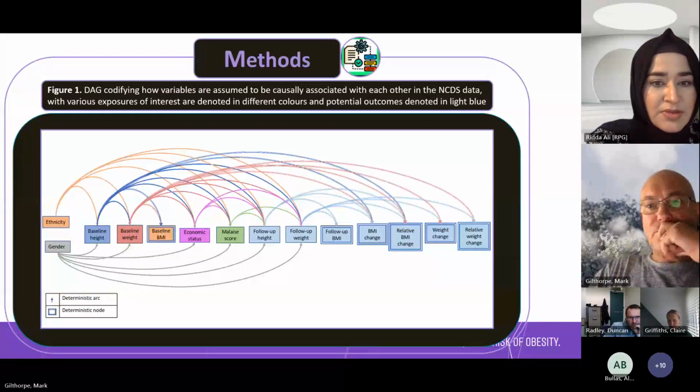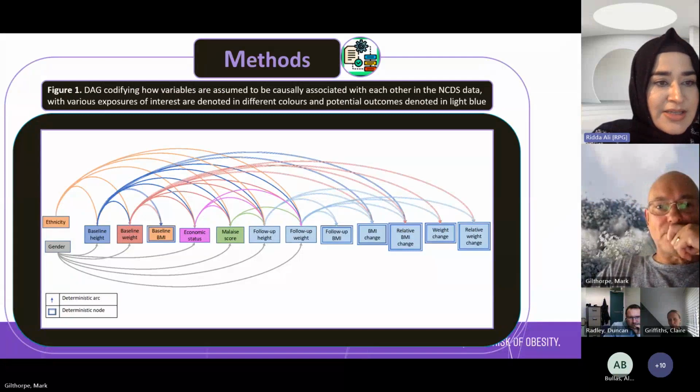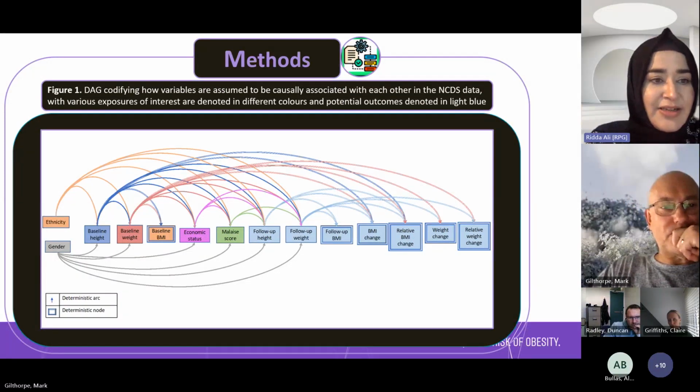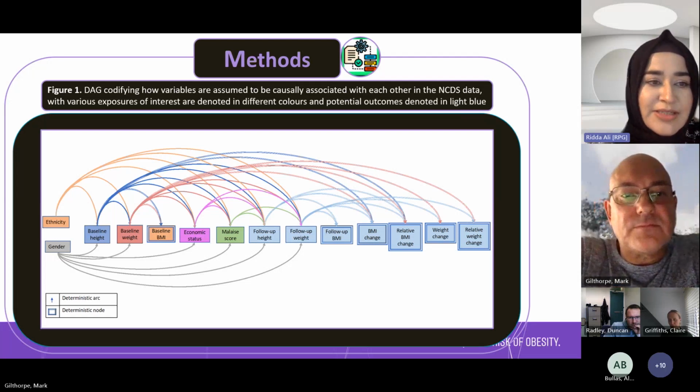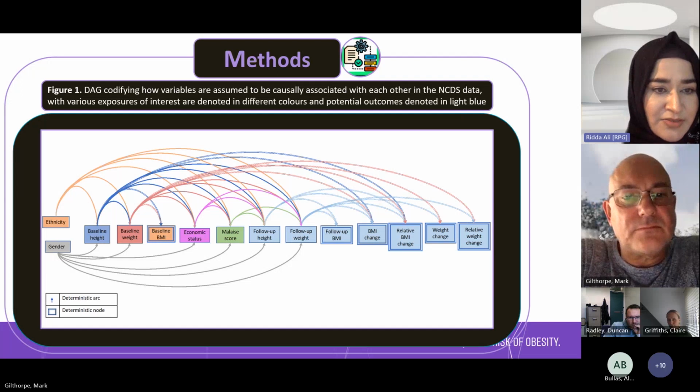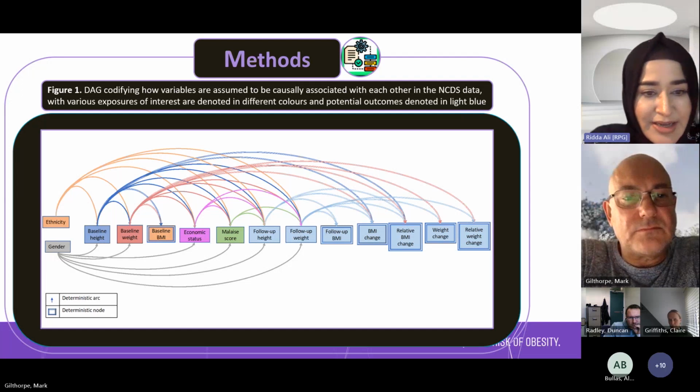If you remember the diagram that I showed you, Mark, can you go through that? Because it makes it clear why we need a different method. As you can see here, the birth variables such as gender can only be evaluated as exposures for follow-up weight and not changes in body size, because baseline measures, for example baseline BMI or baseline weight, arise afterwards.